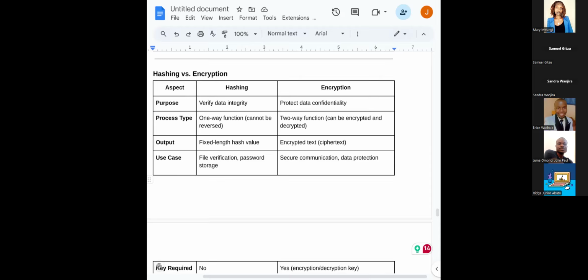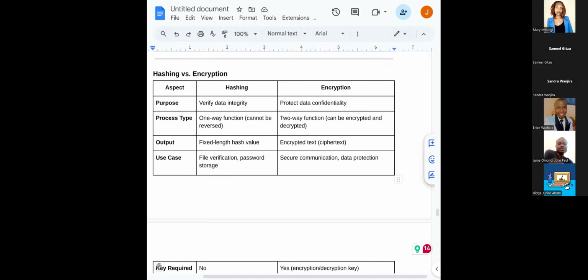Difference between hashing and encryption. Purpose: verifying data integrity, that's for hashing; encryption protects data confidentiality. Process type: hashing is a one-way function that cannot be reversed; encryption is a two-way function that can be encrypted and decrypted.